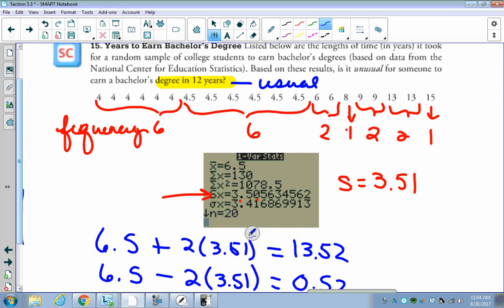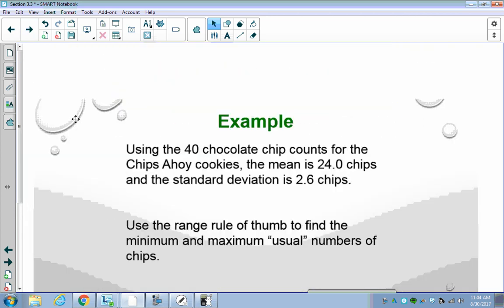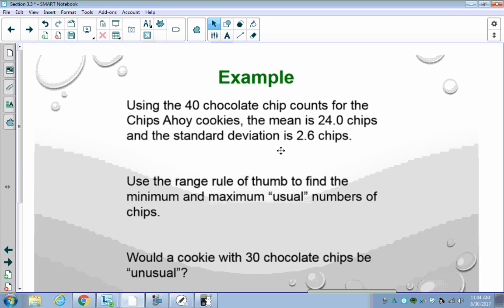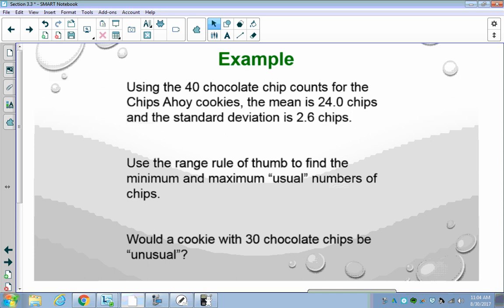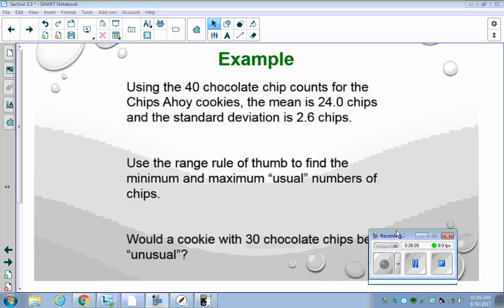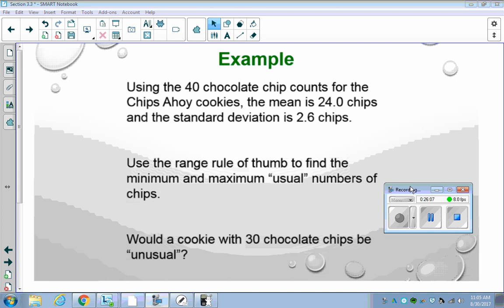Okay. Definition of usual using standard deviation. Go ahead and I want you guys to work, and then we'll come back together and see what you think of this. 40 chocolate chip counts for the Chips Ahoy cookies.